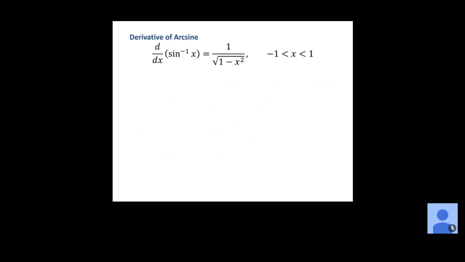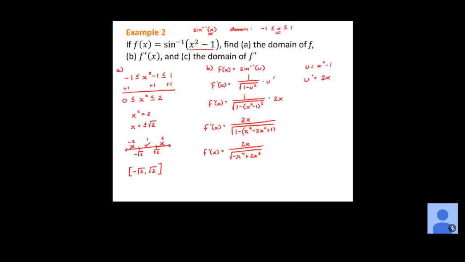That's the only difference between what we did in part A and what we're doing now. In part A, we could include the endpoints, the -1 and the 1. Here, we're not going to be able to. So our initial setup is going to be -1 is less than x squared minus 1 less than 1.